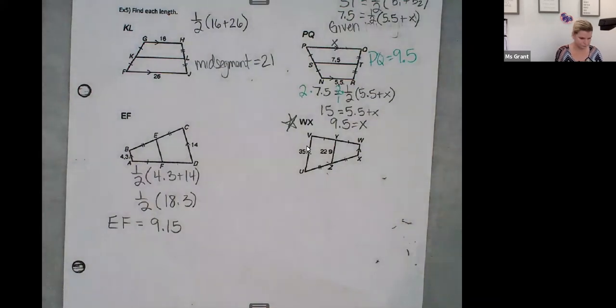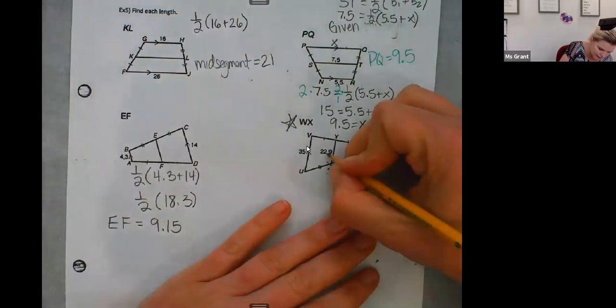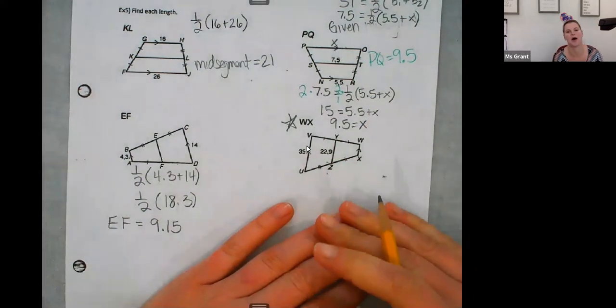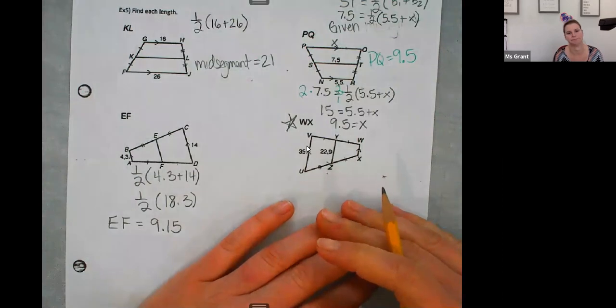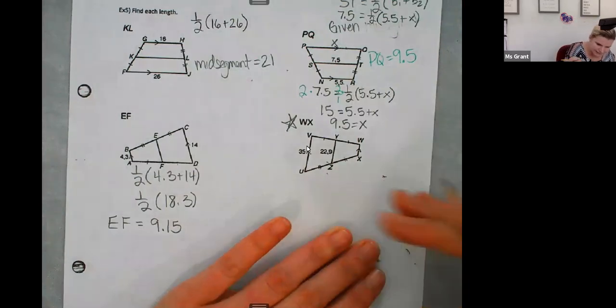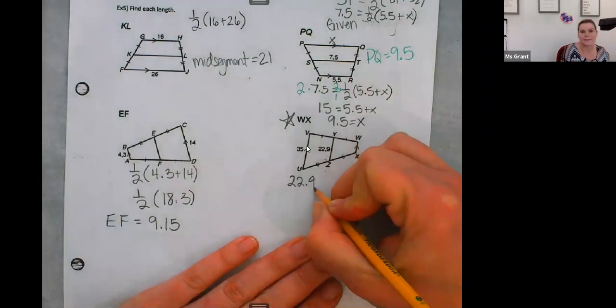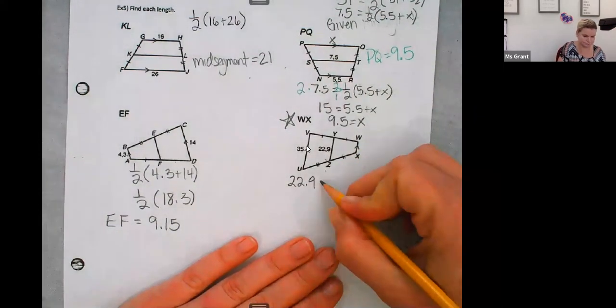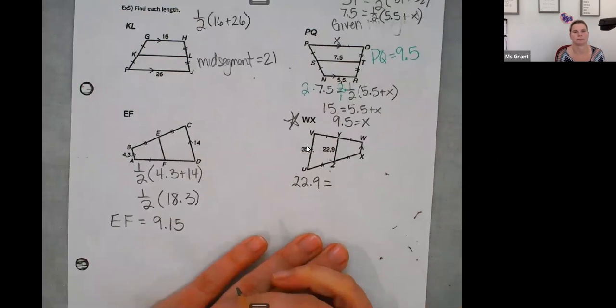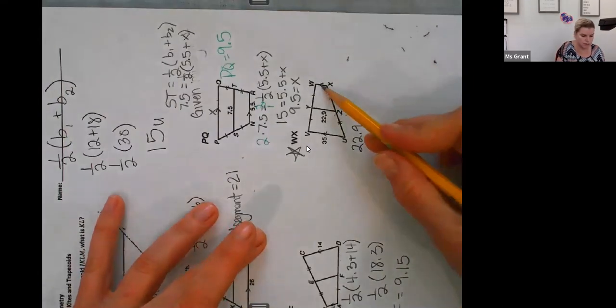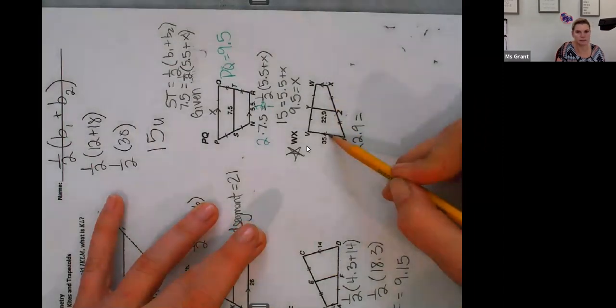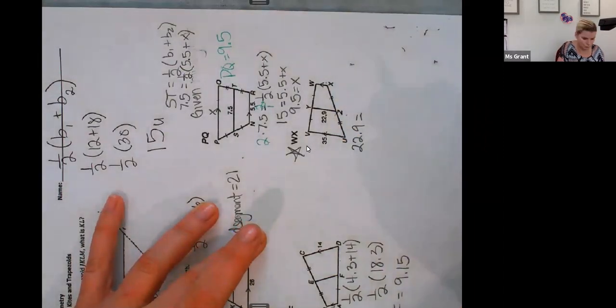All right, let's practice the difficult one. Ready? I know what the mid-segment is. It's 22.9. Again, I apologize for the horrible photocopy. Okay. The mid-segment is 22.9. That's what it equals. If you want to turn the shape like this, if that helps you, you can do that. We don't know this.